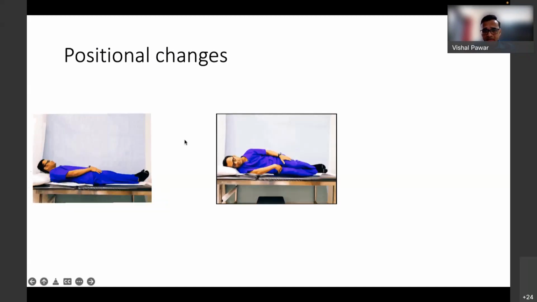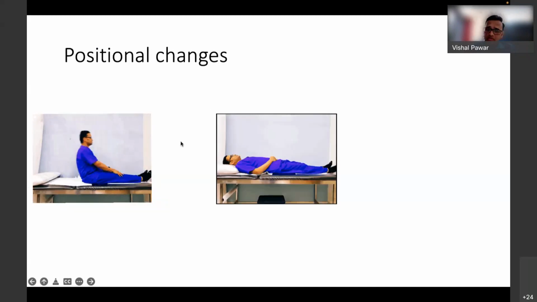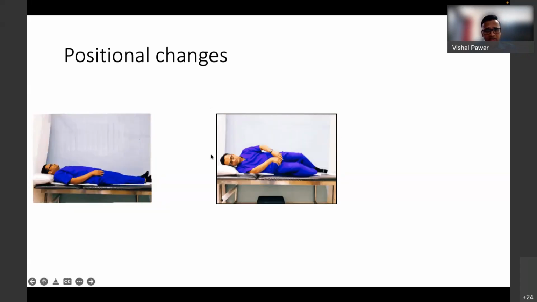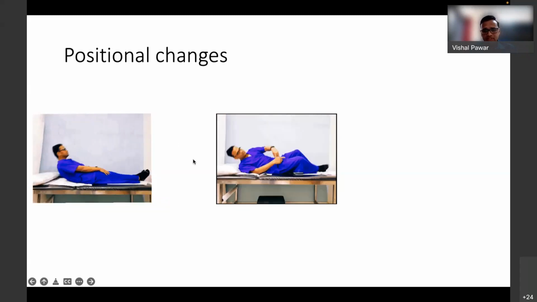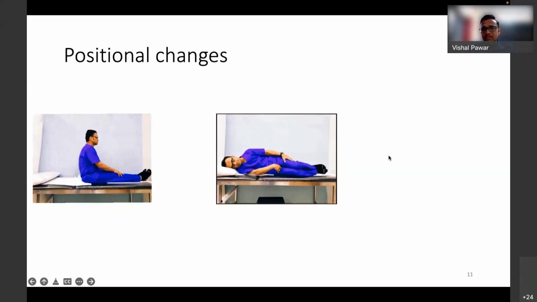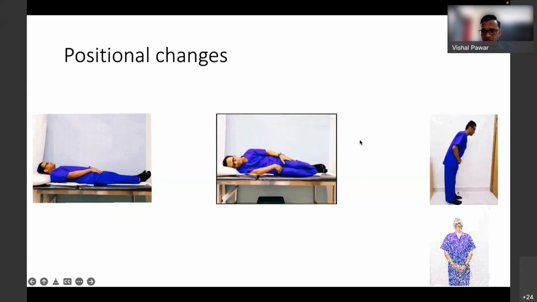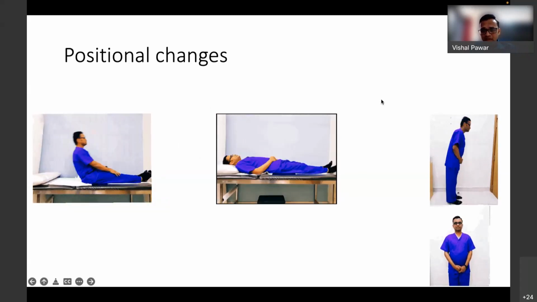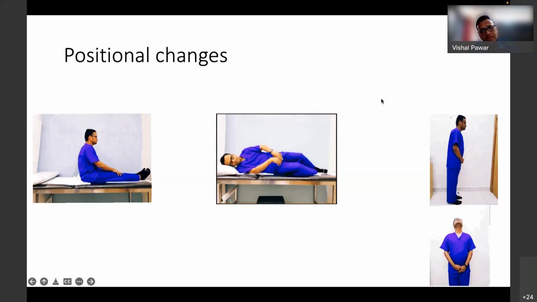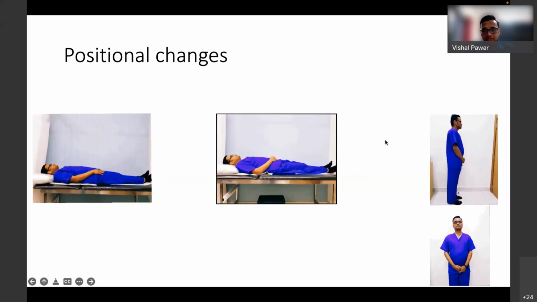Turning in the bed in the supine position activates the lateral canals, and even the earlier head movements I have shown in the sitting position activated the lateral canals. And especially when we bend down and lean, there is activation of the vertical canals.